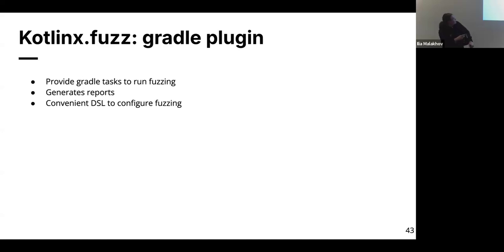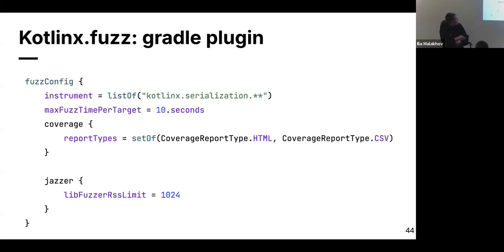The last thing is the Gradle plugin, which provides two things. First of all, it provides tasks to run all the things. And after it runs all the things, it generates reports. And it also has a DSL to configure our fuzzing.